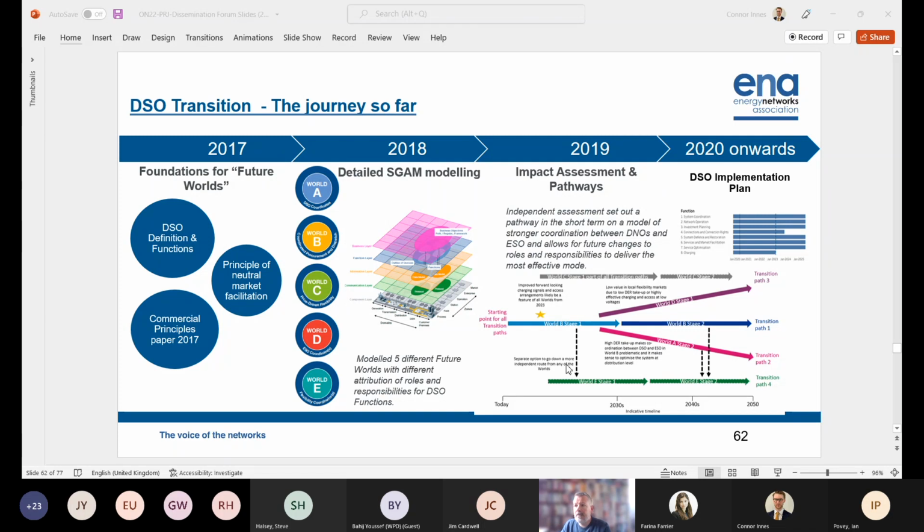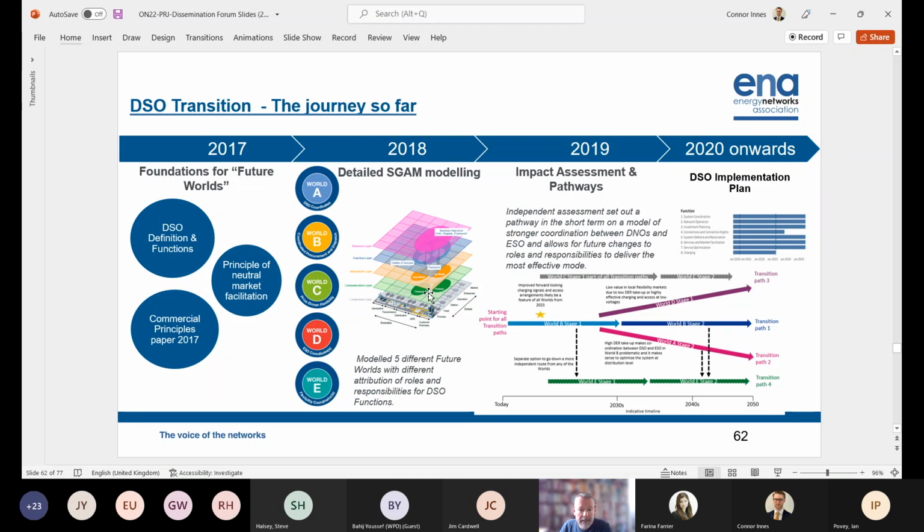Then in 2018, we went into some detailed smart grid architecture modeling, looking at the various possible worlds that we might see become reality with DSO functions, how they might operate, what the governance might be, the relationship with the ESO and transmission companies, and modeled 5 different future worlds with these different attributes and roles and responsibilities and different actors as well.